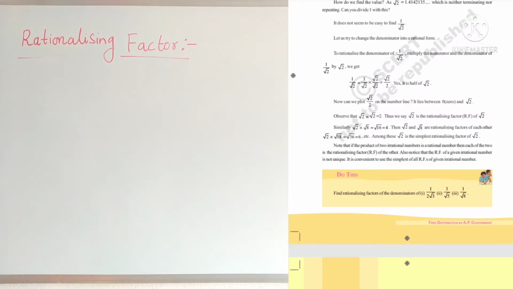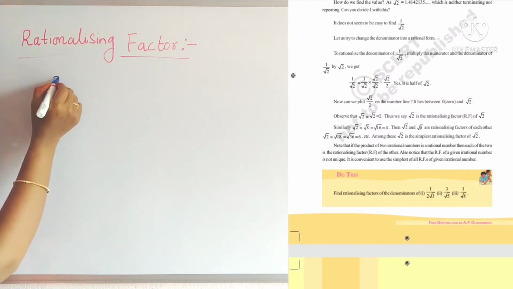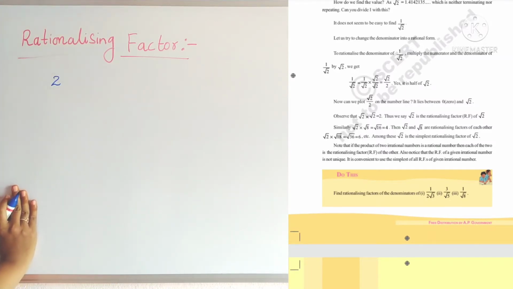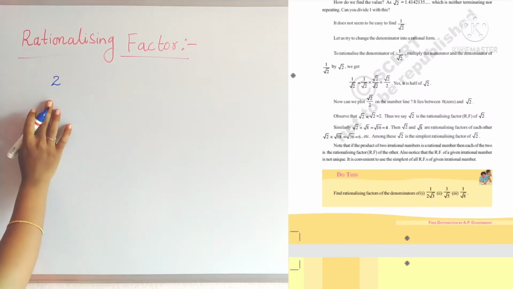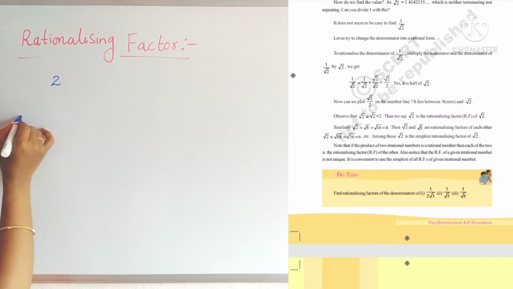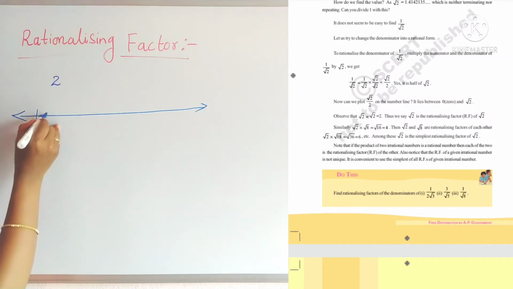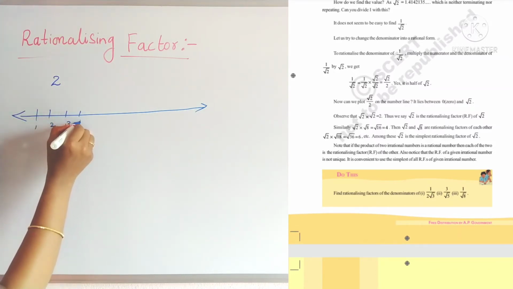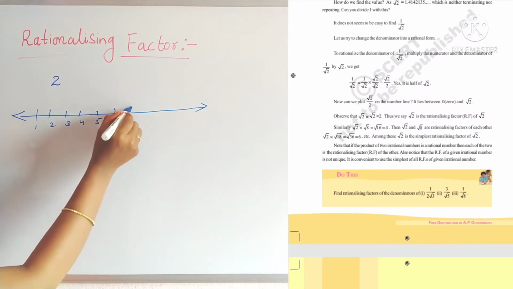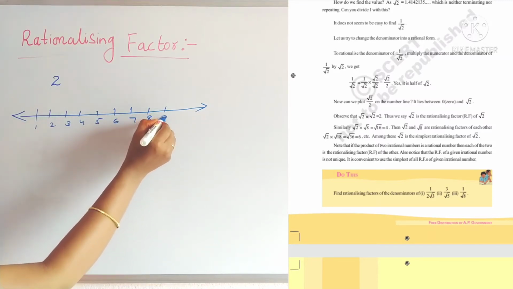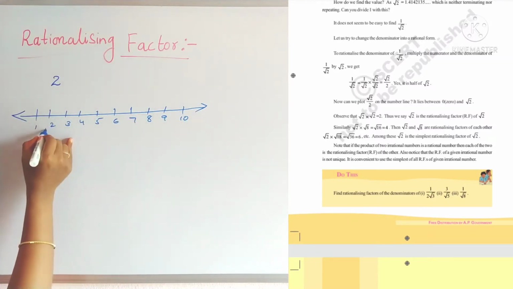So, for example, if I ask you to represent 2 on the number line, you will draw a number line and write the numbers 5, 6, 7, 8, 9, 10, and 2 is here.